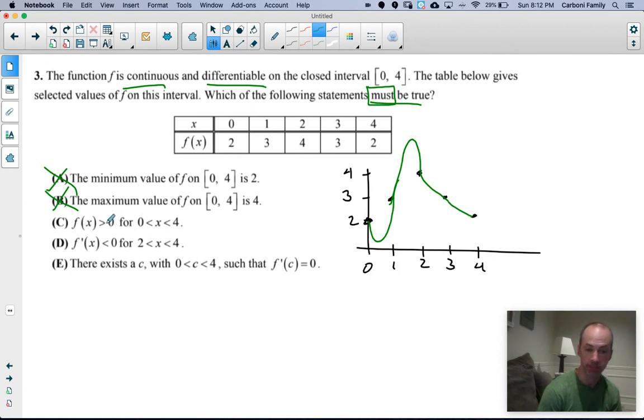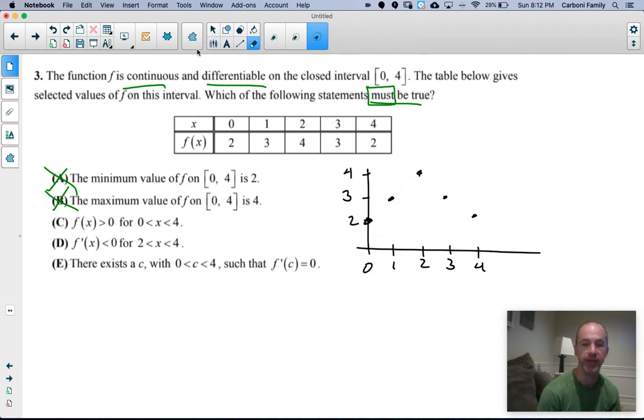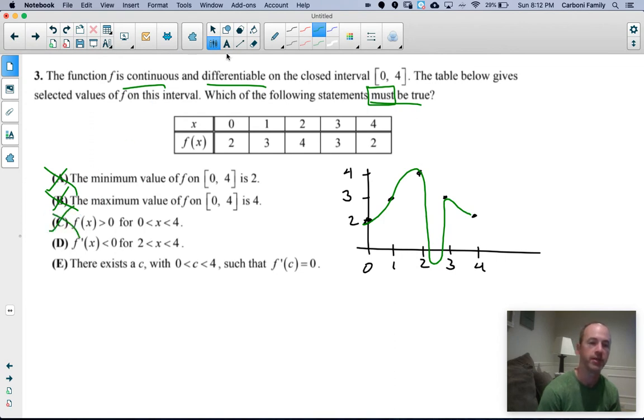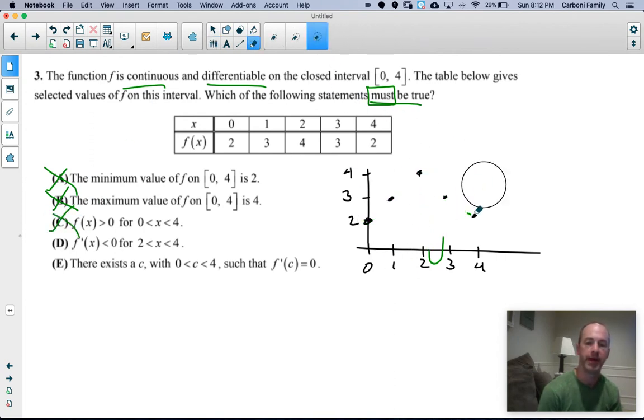F of x is positive. Okay, again, a positive graph means above the x-axis, and yes, all of these values are positive, but I could start by connecting these and then between 2 and 3 decide to dip down here, go negative, and then come back up. We don't have to remain positive the whole time, so that one's not true. Now, D is kind of tempting.